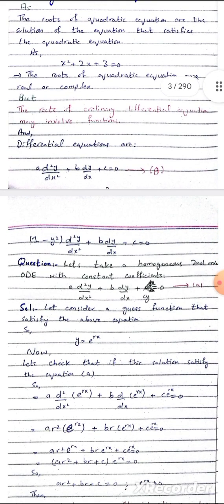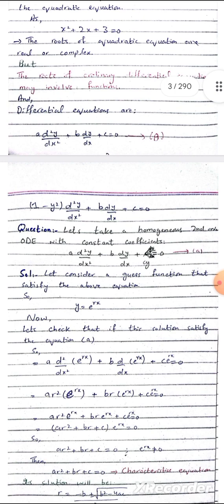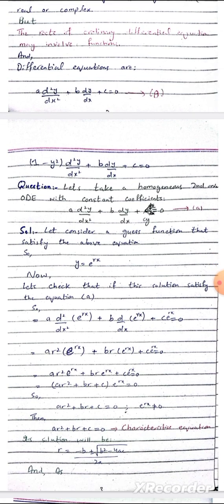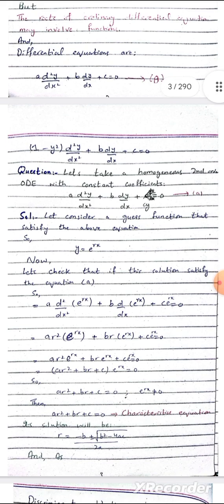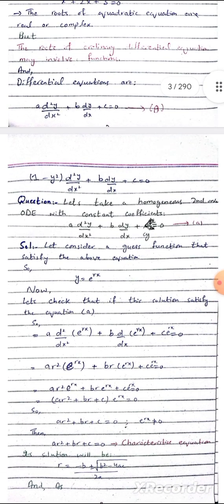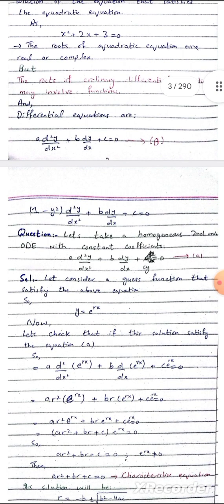Examples of homogeneous differential equations are a d square y by dx square plus b dy by dx plus c into y is equal to 0, and another example is 1 minus y square d square y by dx square plus b dy by dx plus c of y is equal to 0. These two are examples of homogeneous differential equations.